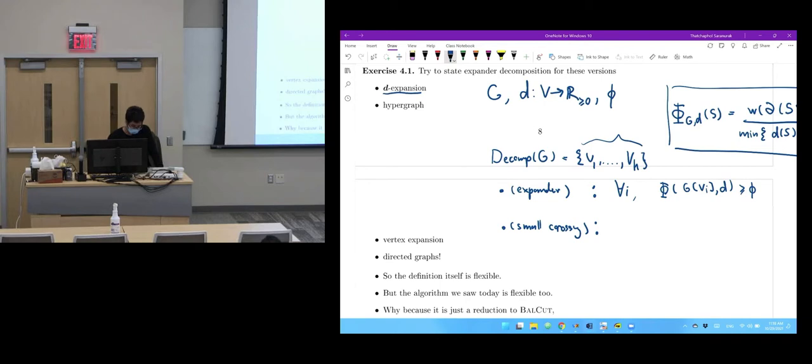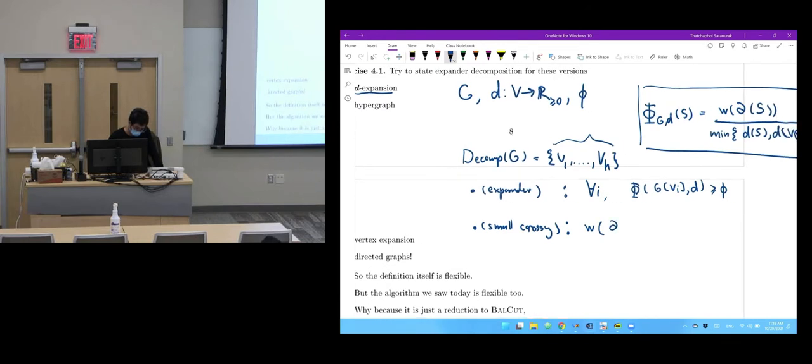Now we just need to ask what is the total weight of everything in between the parts.